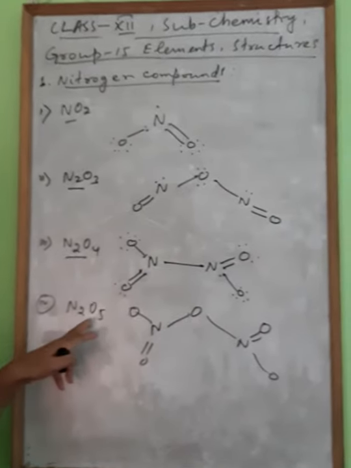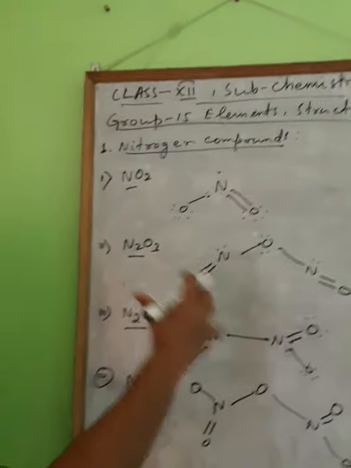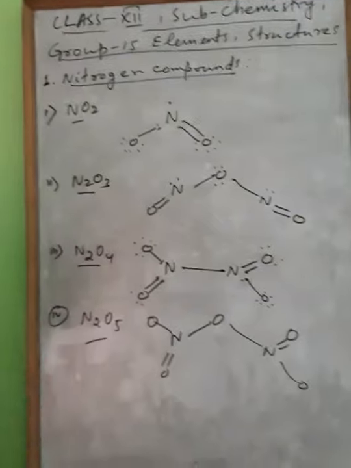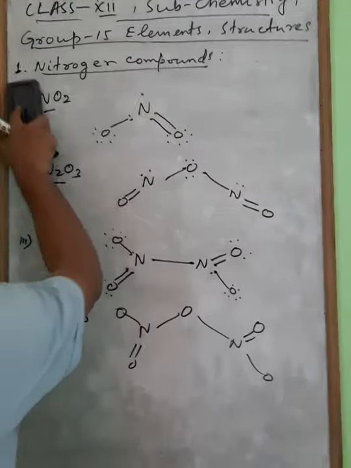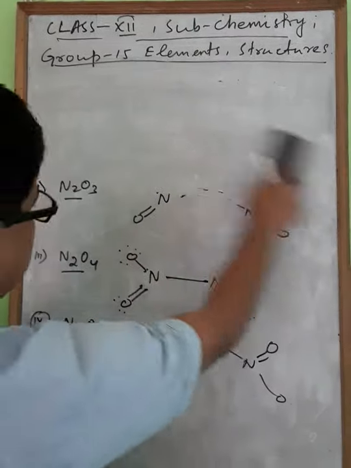I just put one extra oxygen in the middle of 2 nitrogens, and every part will be the same. Okay, so you got the structures of four compounds of nitrogen oxides, group 15 elements. Now we will discuss the structures of phosphorus compounds.